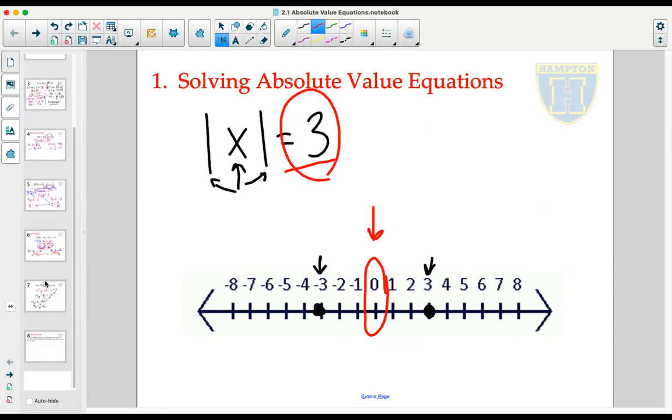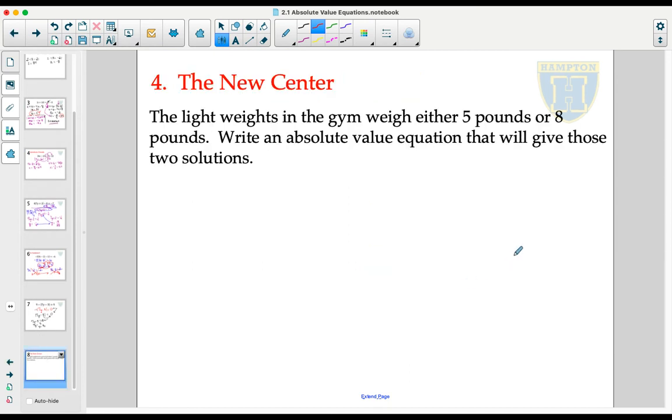If we go back to our example and we imagine a number line, and over on the left, here's 5, and over on the right, it's 8. Any algebra student, any kindergartner could probably tell you that the number 0 is not going to be between 5 and 8. So my center is no longer at 0. My place that's in the middle is no longer at 0.